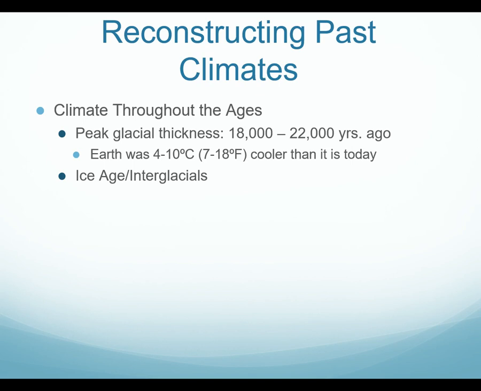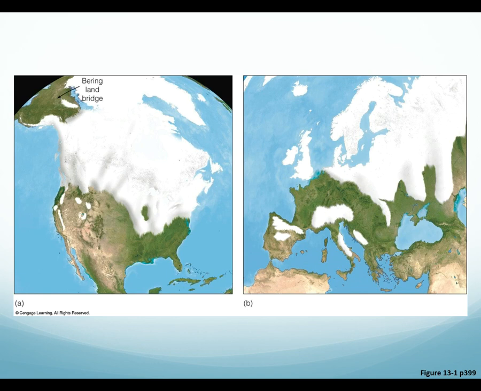But when you're talking about global average temperatures, it makes a very large difference. So that was the Earth's average temperature 18 to 22,000 years ago, the peak of the Ice Age. We started coming out of that ice age about 11,000 years ago, and we've been coming out of it since. In fact, one could say that we're still coming out of that ice age.